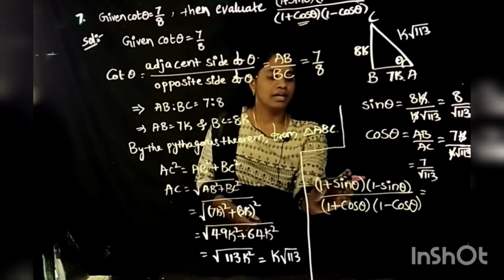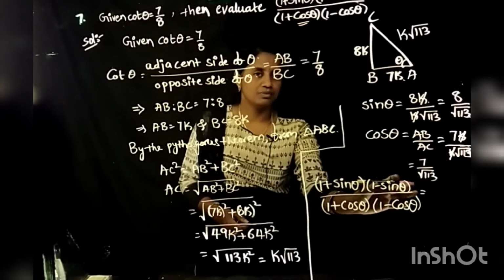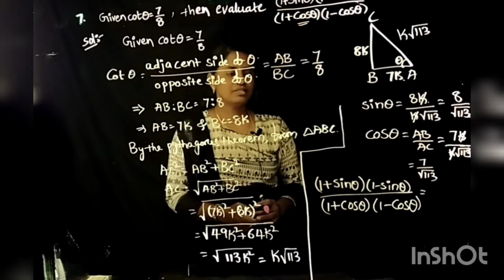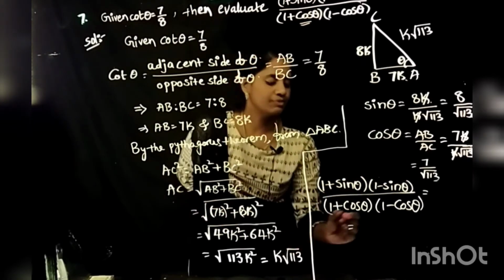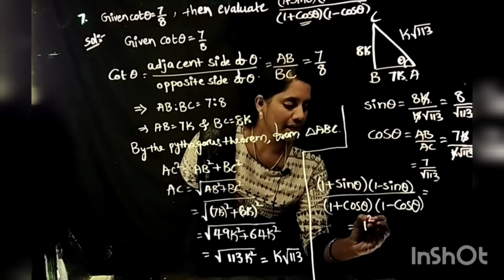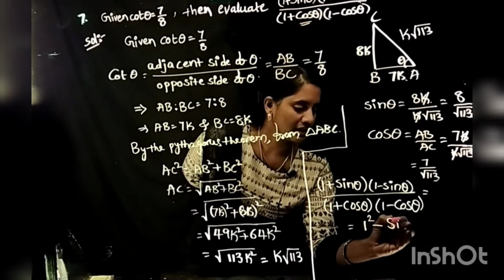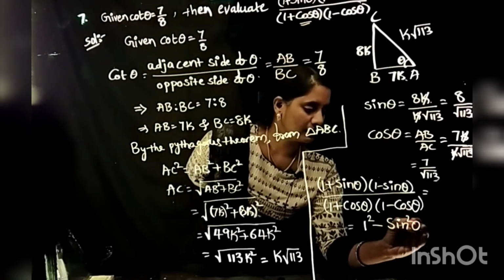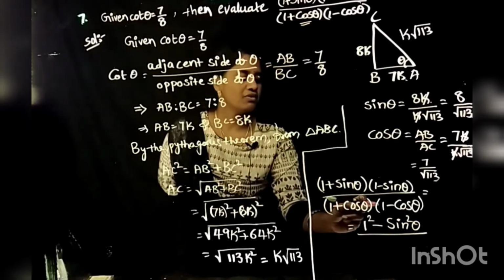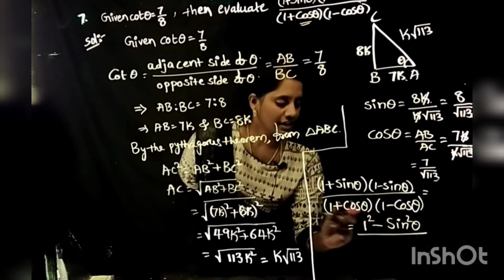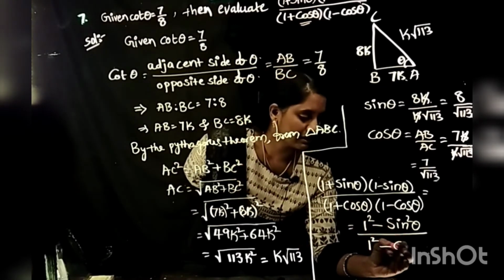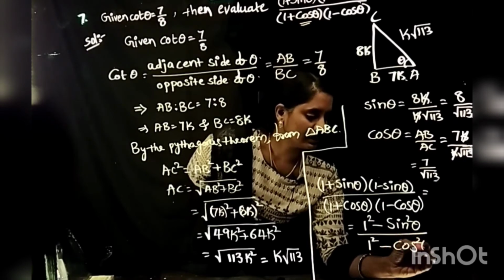Now these are in the form of (a plus b) into (a minus b). What is the formula of (a plus b) into (a minus b)? A square minus b square. Here a is 1, b is sin theta, giving sin square theta. It is also in the form of (a plus b) into (a minus b). Here a is 1, b is cos theta, giving cos square theta.